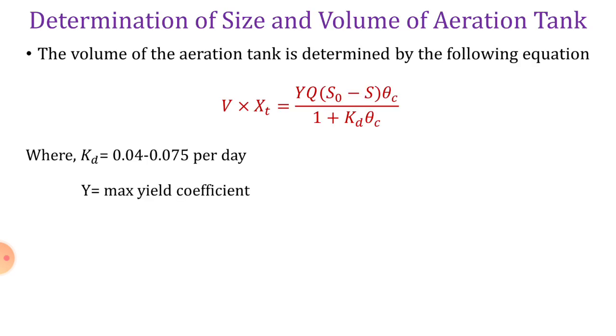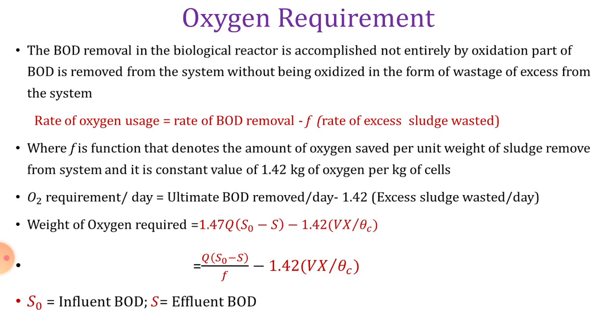The size and volume of the aeration tank can be determined by using the following formula: V into XT is equal to Y into Q (S0 minus S) theta C divided by (1 plus KD theta C), where KD is in the range 0.04 to 0.075 per day, whereas Y indicates the maximum yield coefficient. Then oxygen requirement for the aeration tank.